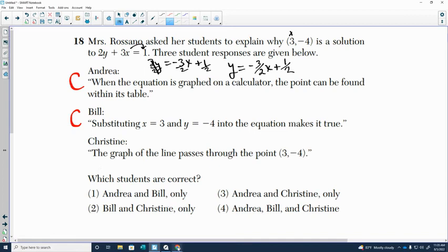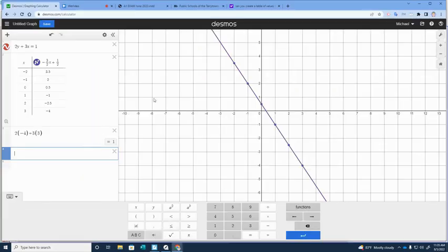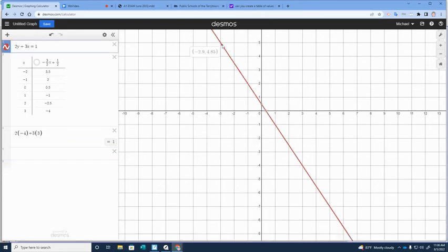Let's look at the line here. Well, if I go to the line right here, I could see the line. And even if I look at the line here without the purple, even if I look at the line just with the original 2y plus 3x equals 1, if I go to the line and I just click on it and move up and down the line, it's actually telling me all of the infinite number of points that are on that line.